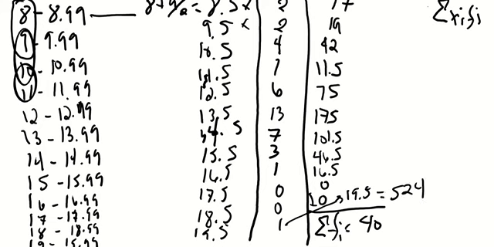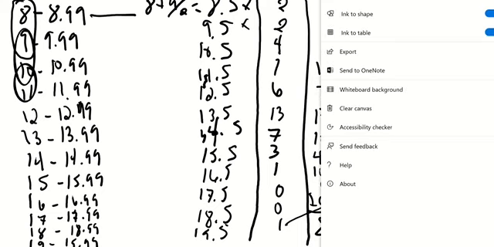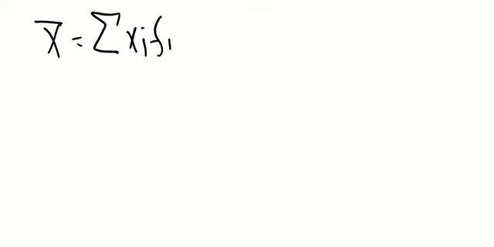Okay. So if we just clear it out, we can write down what we got for our formula again here. So the formula for the sample mean of grouped data is, so we just figured that out.